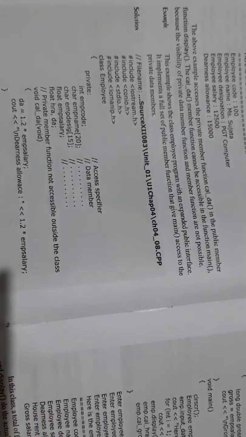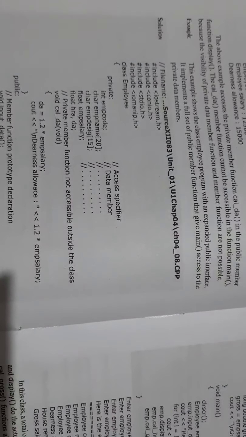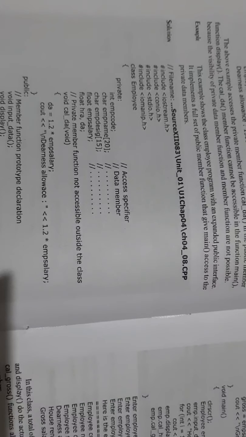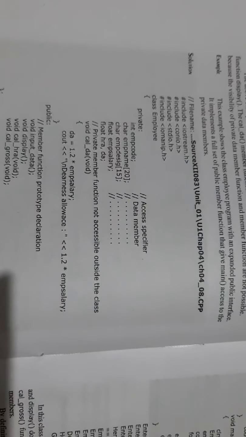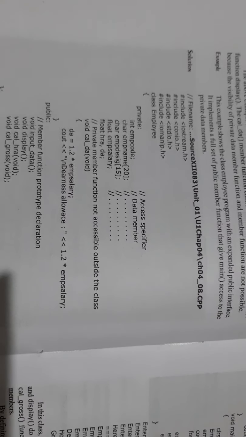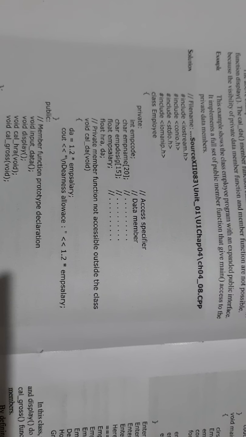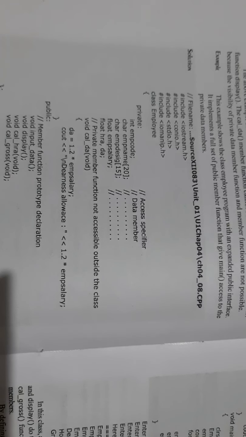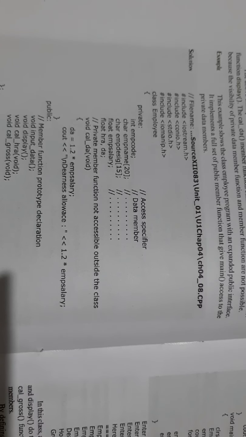All right, so I hope that from that program you have understood how you can declare a private member function, or how you can define a private member function, and how you can access a private member function also. This is the restrictions imposed on the data members and the member functions.